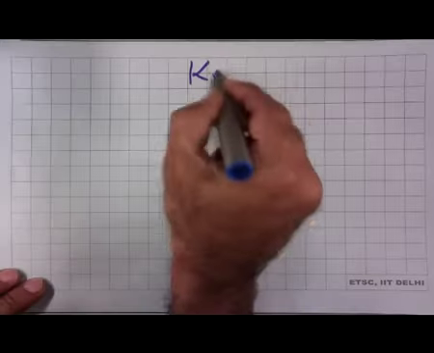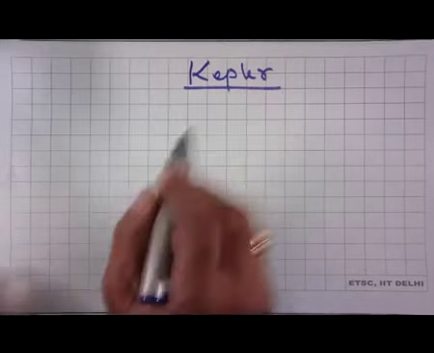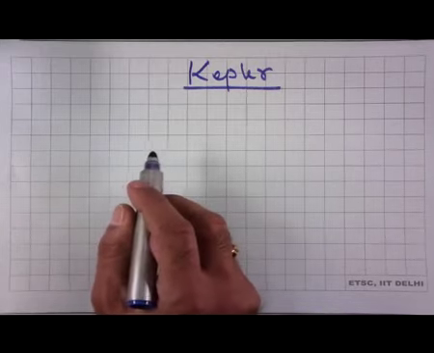Now it was the genius of Kepler that he could make sense out of the planetary observations through a trick.